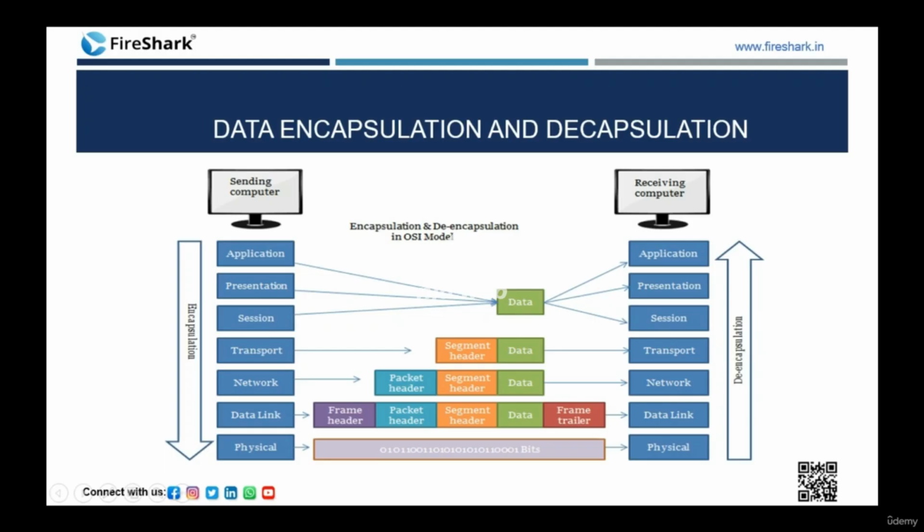As you can see, the data is in a raw format in the first 3 layers, and after that the 4th layer, the transport layer, adds the segment header. After that, the network layer adds the packet header, and then the data link layer adds the frame header and frame trailer. Then the data is converted into binary numbers, and that process happens vice versa in the receiving computer system.